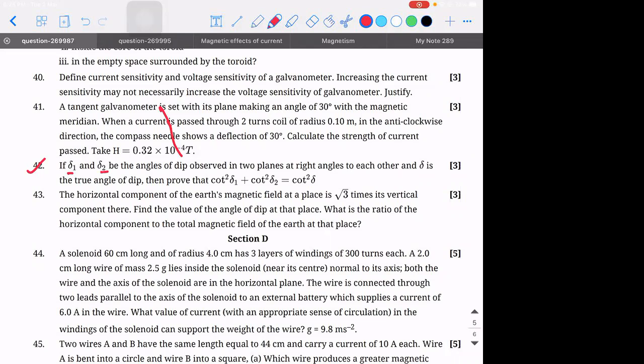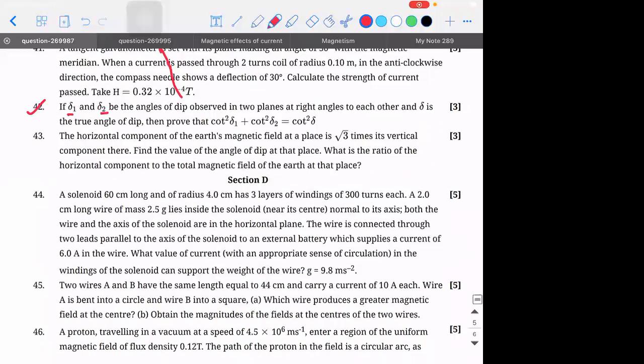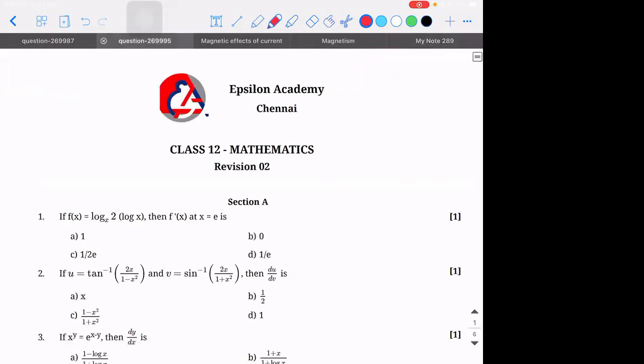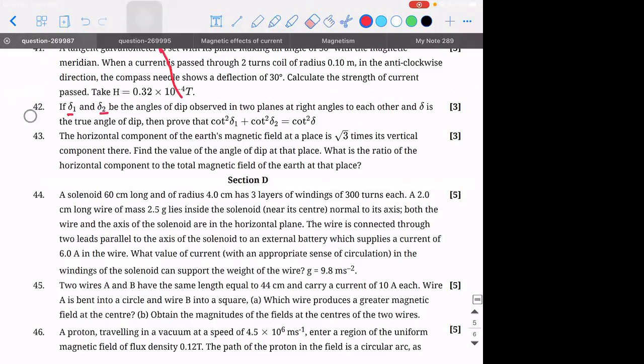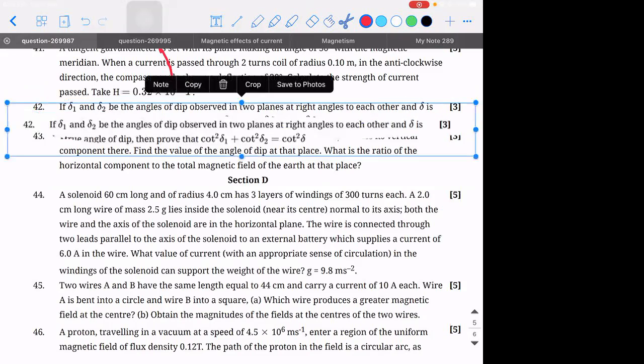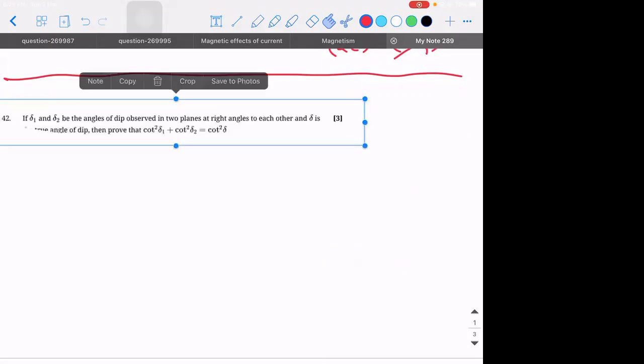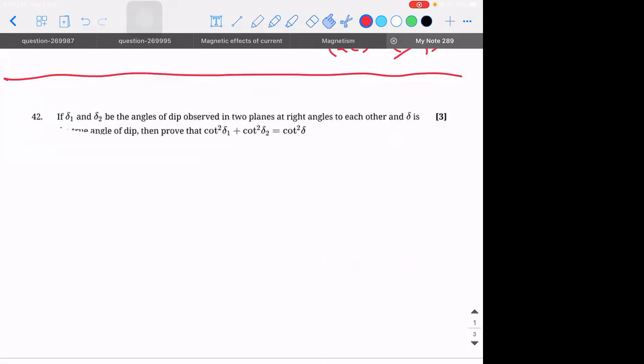Let's try this out. Guys, did you read the question? Yes, sir. Okay, let's try this out. This is slightly tough only.